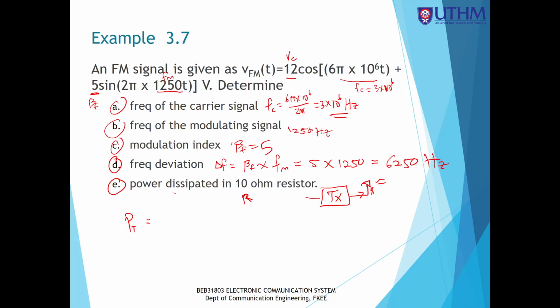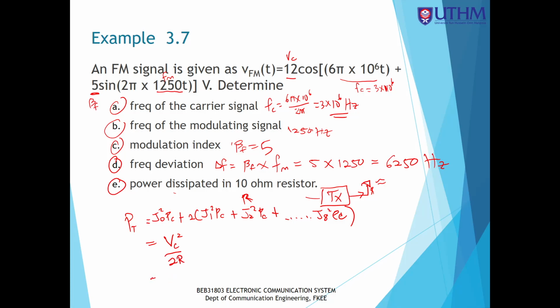If you want to use the long equation, that means this is J0 square PC plus 2 times J1 square PC plus J2 square PC until J8 square PC, which will finally give the value of PC, which is VC square over 2R.